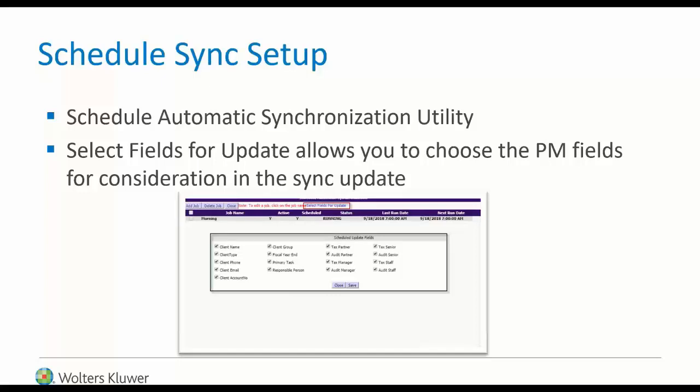Your initial import can include certain staff into your client database, but any updates made to practice management in those staffing roles going forward could be omitted if you wanted to deselect any of the roles here, with the exception of the responsible person. That is a required field.